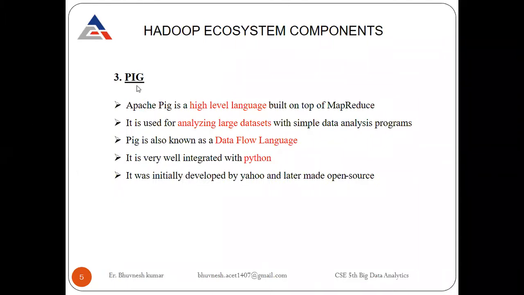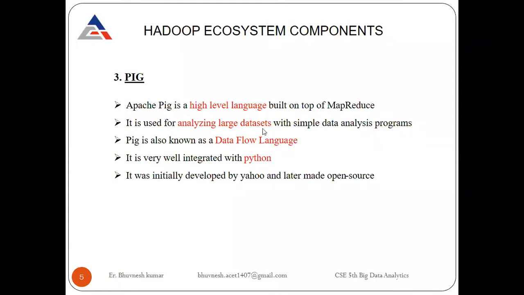Third tool is Pig. Apache Pig, which is also a product of Apache, is a high level language built on top of your MapReduce. It is used for analyzing large data sets with a simple data analysis program.